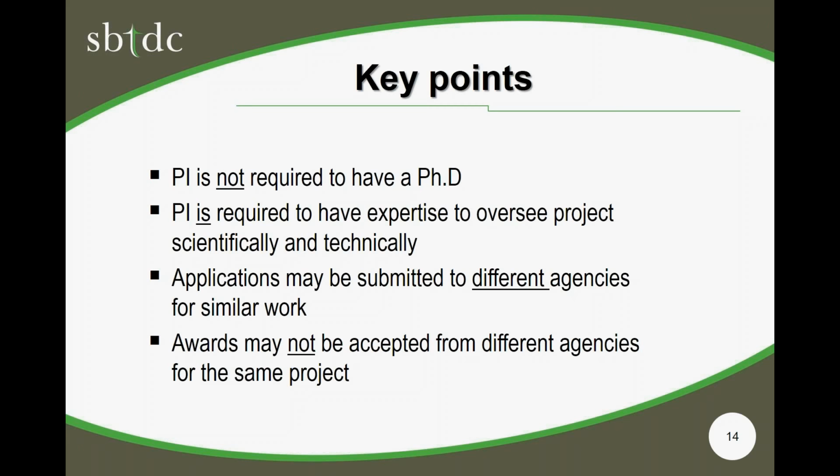However, if you're lucky enough to get funded by both agencies, you would have to decline one of them. So you can only get funded once for doing a particular project.